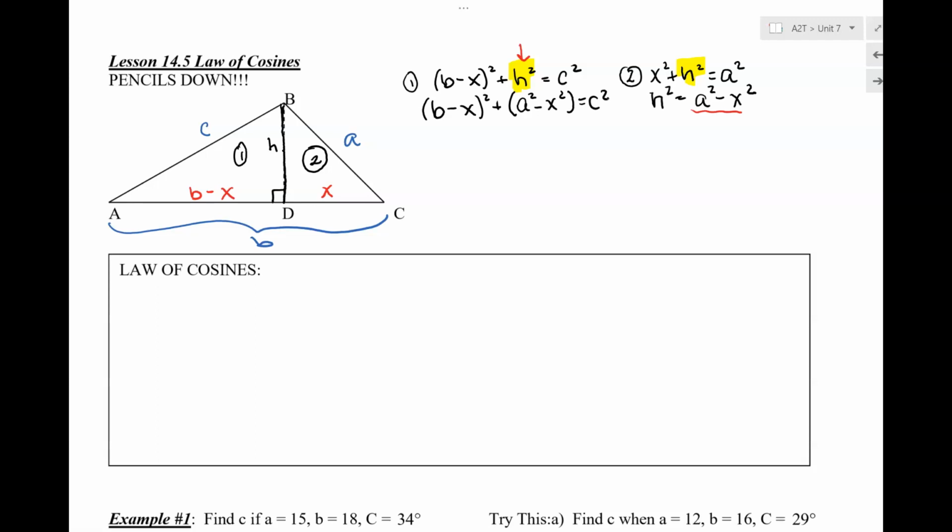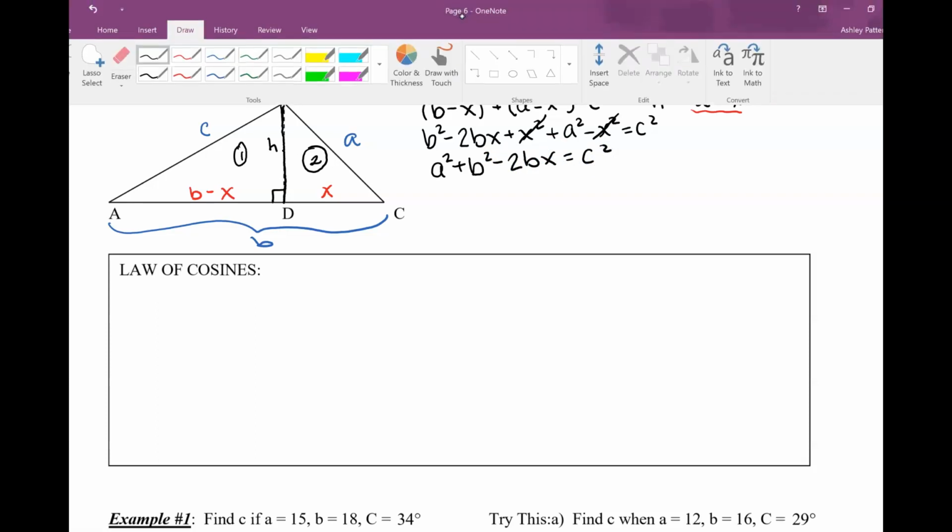I'm going to distribute the b minus x, so we get b squared minus 2bx plus x squared, and that second quantity only has an exponent of 1, so we don't need to distribute anything out. Ooh, sweet. Okay, my x squareds are going to cancel, so we get a squared plus b squared minus 2bx is equal to c squared. Nice work.